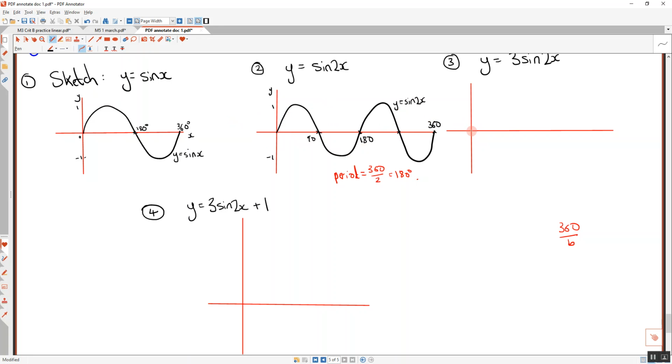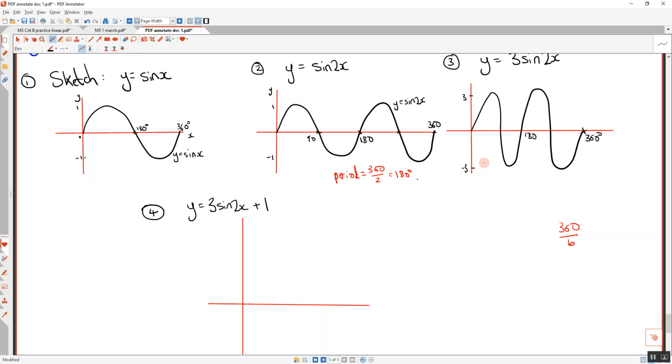And since there's a 2, you will do the 2 curve. Right, now I still need to add in 360 and 180. But I also need to now put this as going up to 3 and down to negative 3.